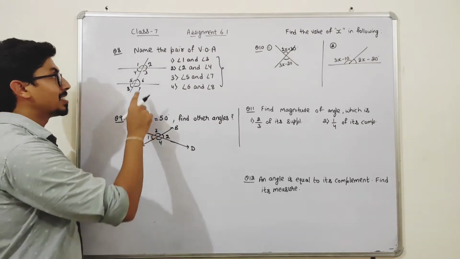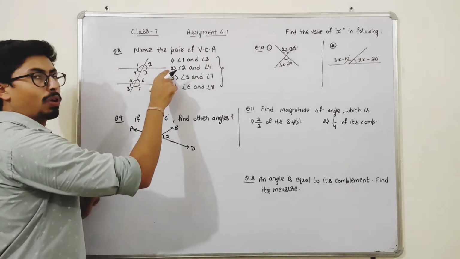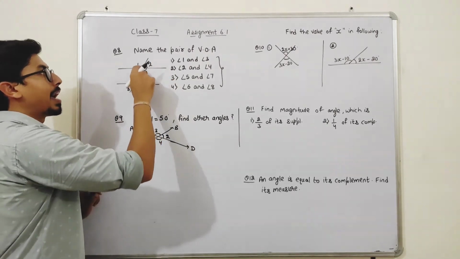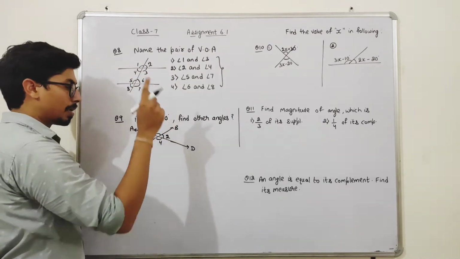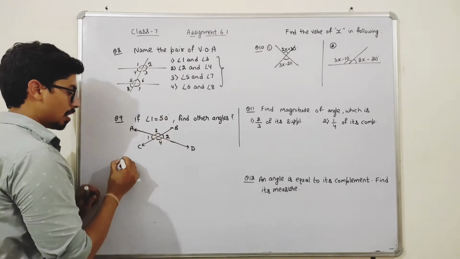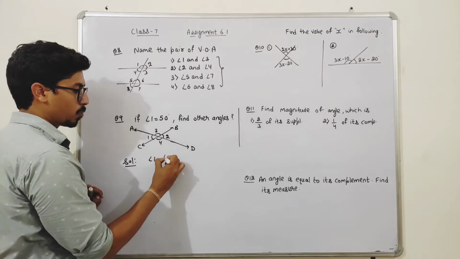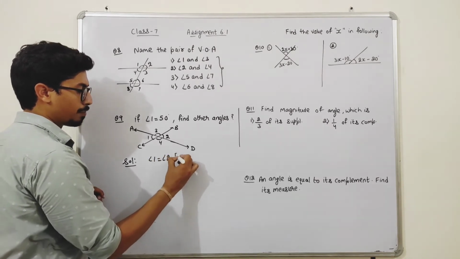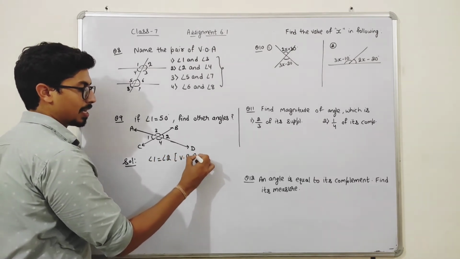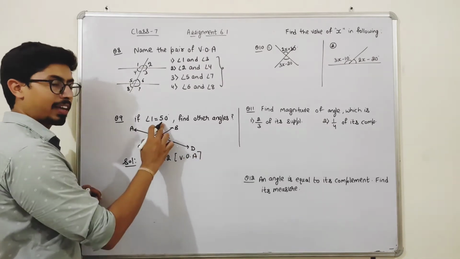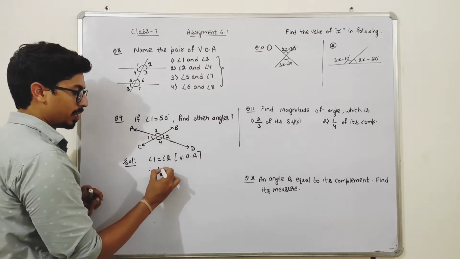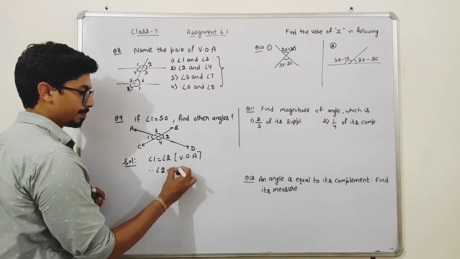So angle 1 and angle 3 are vertically opposite. Similarly, angle 1 and angle 2 are vertically opposite angles. Angle 1 is equal to angle 2 because of vertically opposite angles. Angle 1 is 50 degree, therefore angle 2 is also 50 degree.